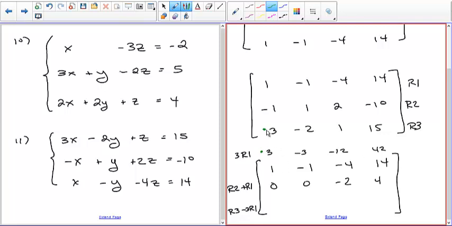3 minus 3 is 0. 2 minus a -3. So -2 plus 3 is going to be 1. This plus 12, because we're subtracting 3 row 1. So this minus a minus, so that's 13.